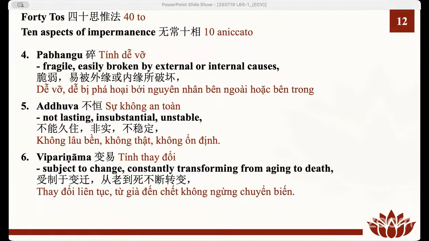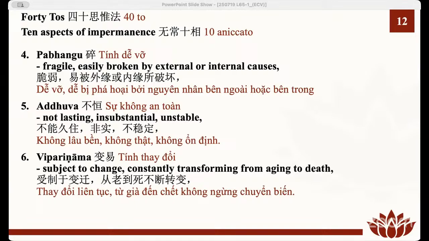We have the next one, adhuva, not substantial or unstable. For example, we see a young fruit in the tree. Gradually the fruit becomes bigger and ripens, then its stem is not strong enough to bear it.